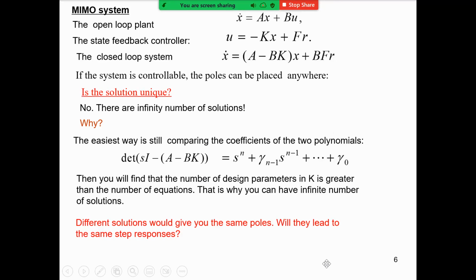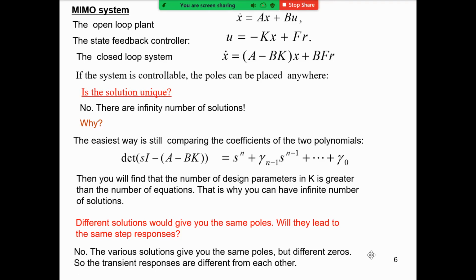Right. Now, also, for many of you who are doing the mini project, you should know the answer. Different solutions actually all give you the same poles, but will they give you the same step response? Of course not, right? If they gave you the same step response, why would we spend time to talk about different ways?